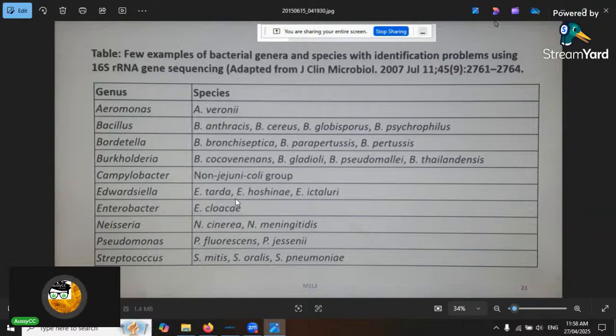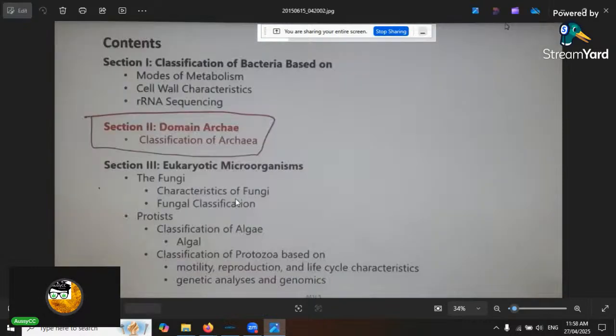That's how they identify the bacteria with the 16S RNA. So identification problems. This is a while ago, 2007, because some of them are commercially available now.